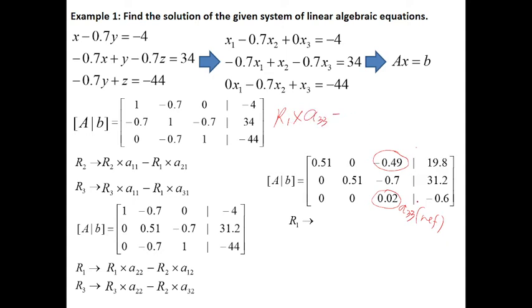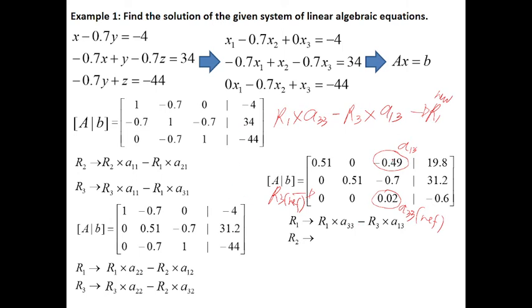Reference row, yung R3, kung nasan yung reference element. Anong multiply sa row 3? Yung element na gagawin mong 0, that is A13. There. Para makuha natin yung R1: R1 times A33, minus R3 times A13.